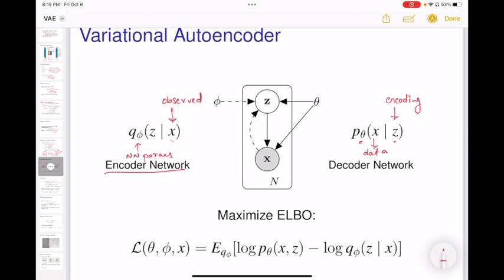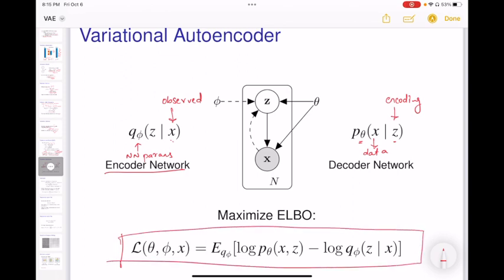And what we are trying to do is maximize this ELBO that we saw on the previous slide. I've just written this q(z) and replaced that with our encoder network, and the encoder network, as you recall, is also conditioned on x.